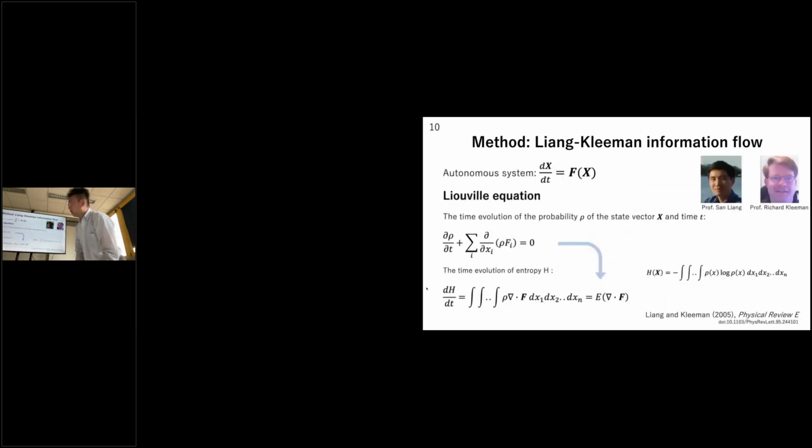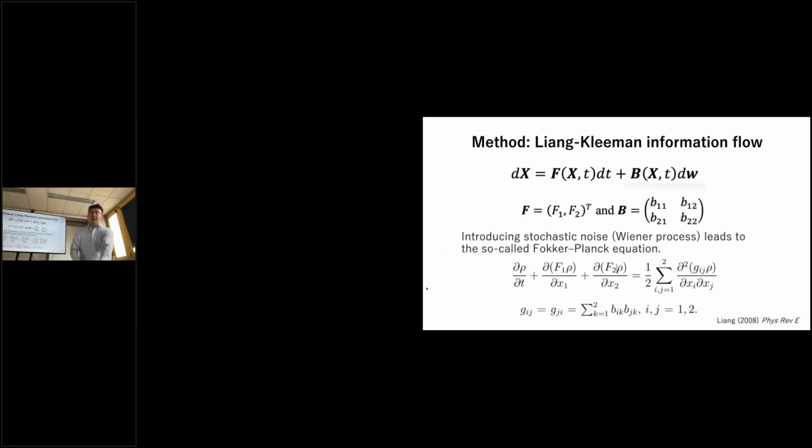In the real system, this is a deterministic system; we don't have noise or stochastic forcing. But in reality, we have the stochastic term, and that means we need some stochastic term in the equation.